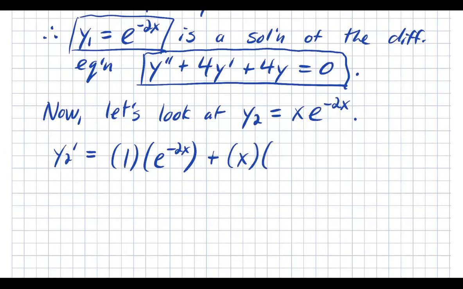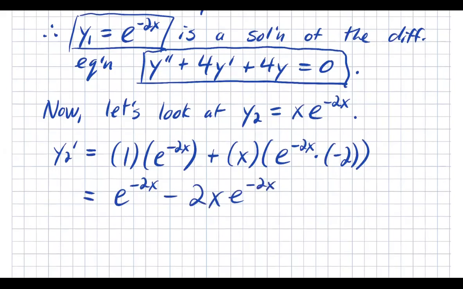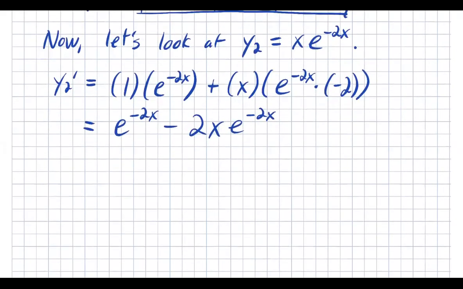The derivative of the second function is e to the negative 2x, times the derivative of the inside function, which is negative 2. Let's simplify this. We end up getting e to the negative 2x minus 2x e to the negative 2x. So that's the derivative of y2.